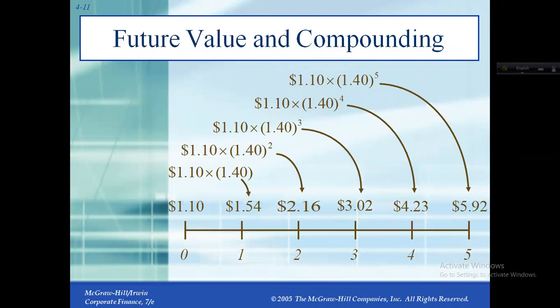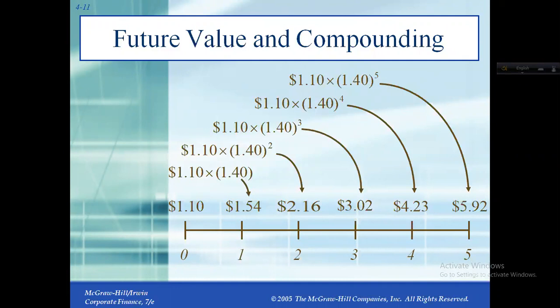Here we can show how the value is increasing. In period 0, it starts at $1.10, and in the first period, it grows to 1.10 times (1 plus R) to the power 1. So in the first year, we get interest for only 1 year.